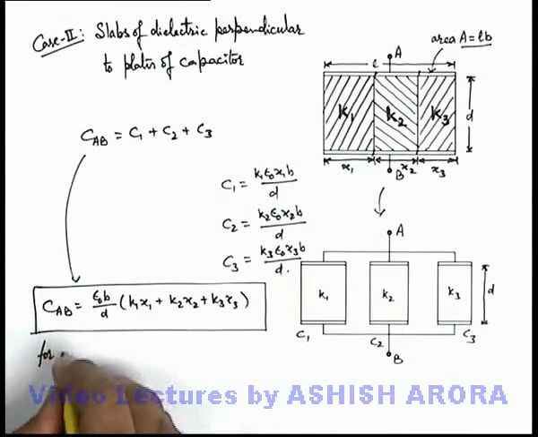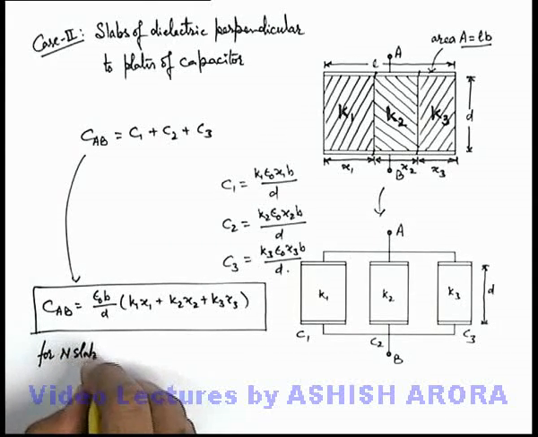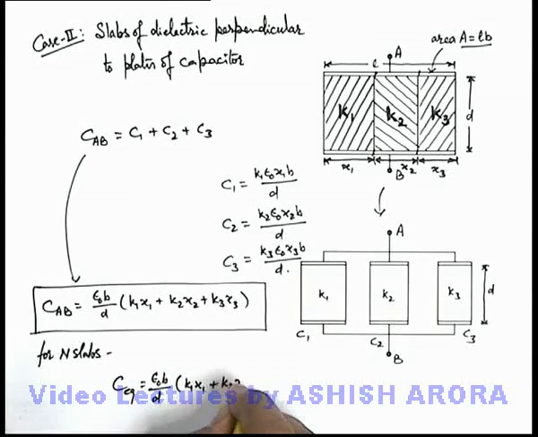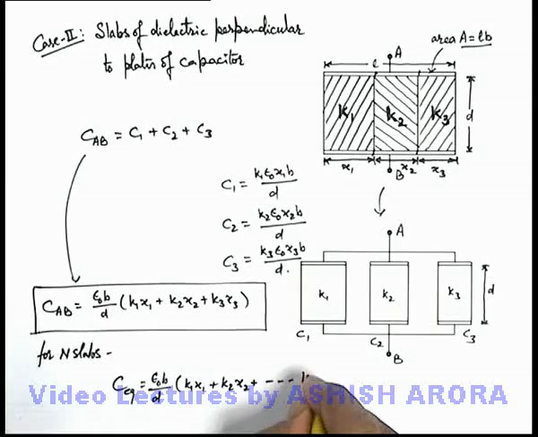Similarly, you can generalize the expression for n slabs: the equivalent capacitance is epsilon naught B by D, where D is the plate separation and B is the width of the plates, multiplied by K1 X1 plus K2 X2 plus up to KnXn.